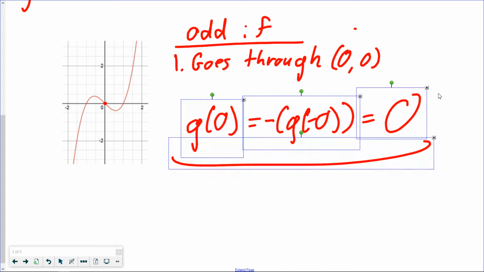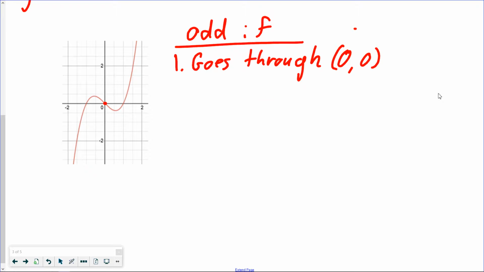All right. The second thing that our graph has to do is it needs to have rotational symmetry.